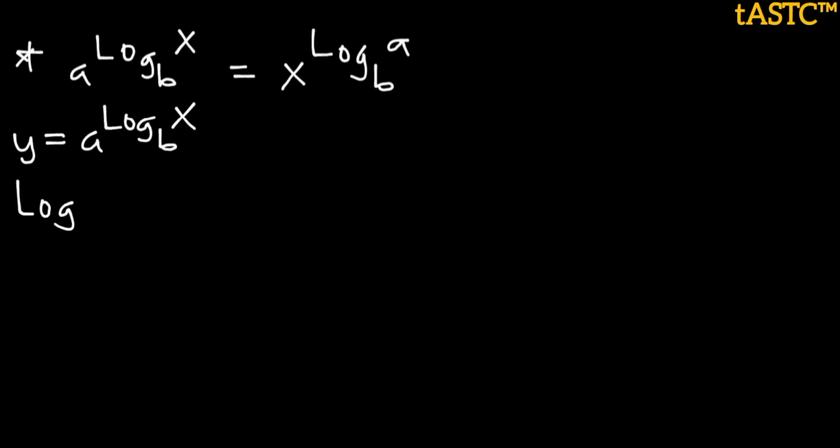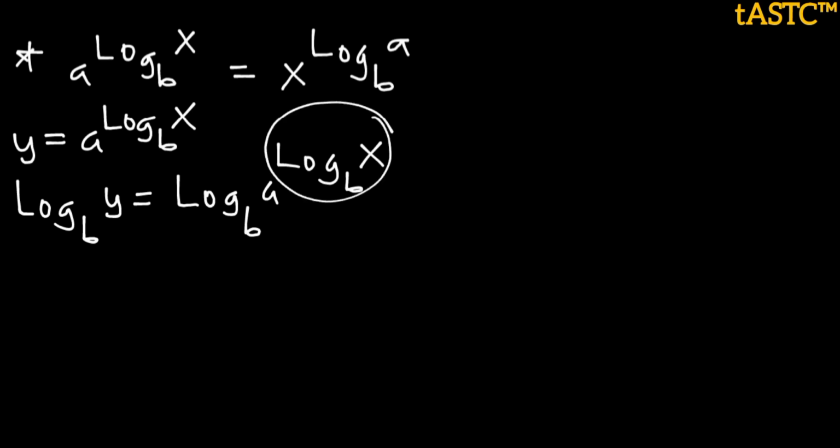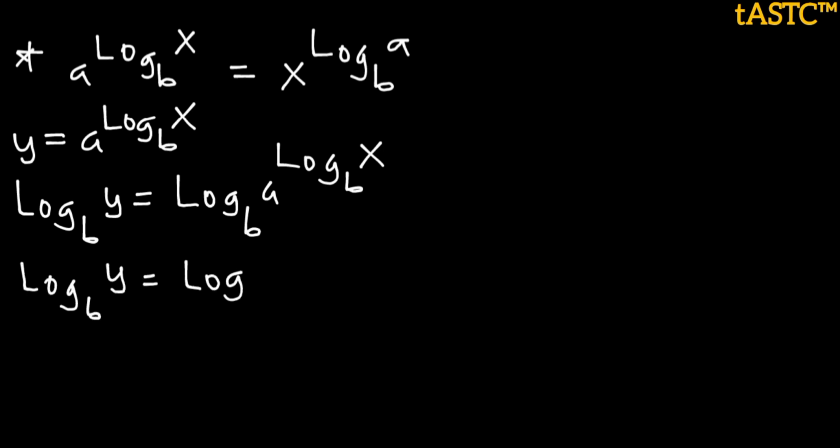So this is going to be log to the base b of y. That will be log to the base b of a, and this will be to the power of log to the base b of x. Now from the power rule of logarithms, we know that this is the power of the subject, and that could actually go to the front over here. So this would give us log to the base b of y, and that will be equal to log to the base b of x multiplied by log to the base b of a.